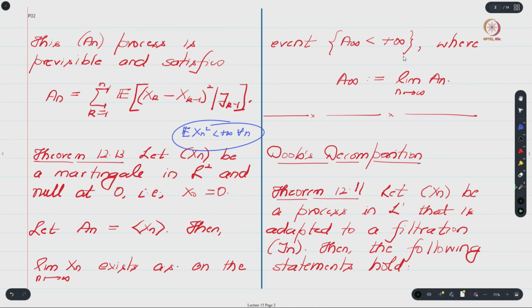It is possible that this event has very small probability, in which case this will exist. All we are saying is that along the set of sample points in this set, except for a subset of measure 0, your limit of Xn will exist. This result does not say how large this probability is, so that will need to be established externally, right.